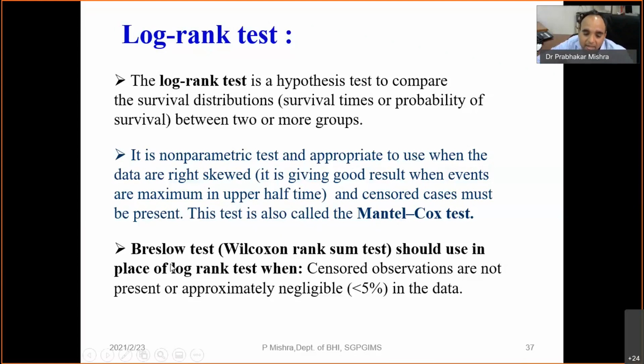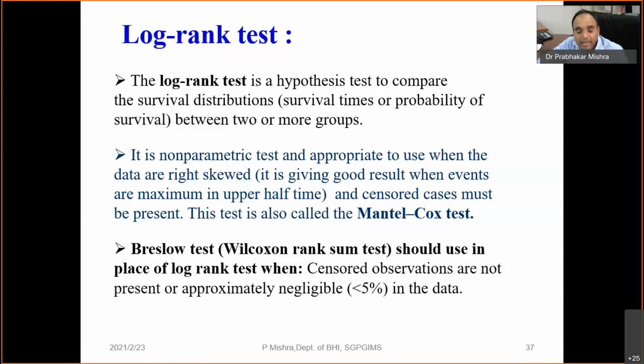The Breslow test, which is another alternative method to the log-rank test, should be used in place of the log-rank test when censored observations are not present or are approximately negligible, meaning less than 5% in the data. So in any data, if censored observations are less than 5%, in that situation we have to use the Breslow test instead of the log-rank test. There are two possibilities, either event or censored.